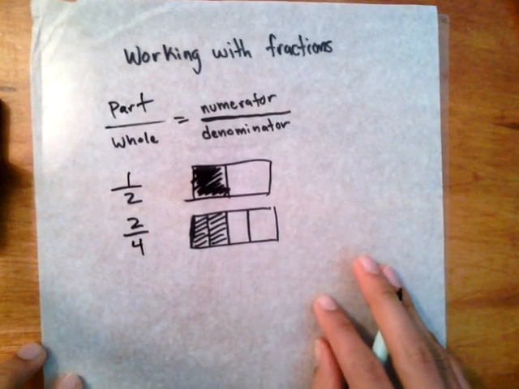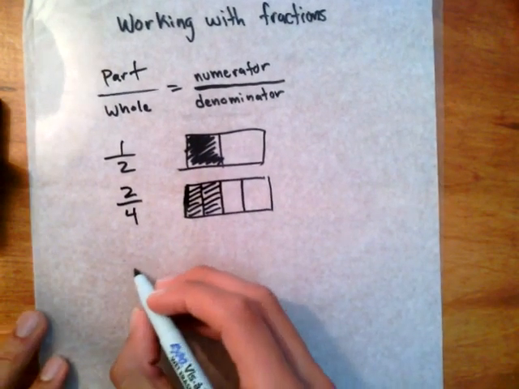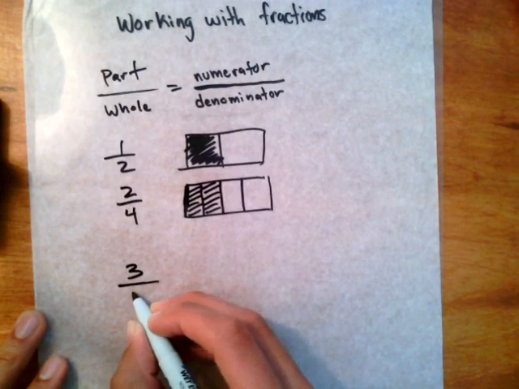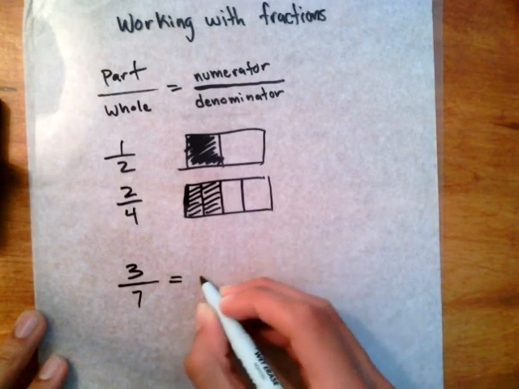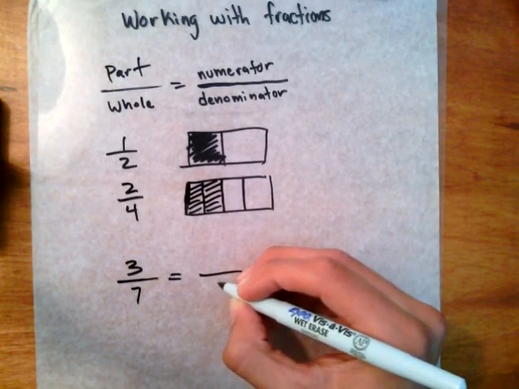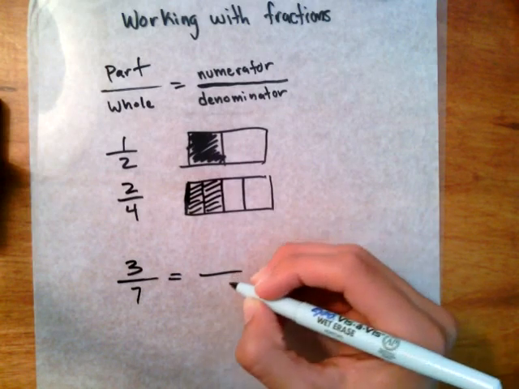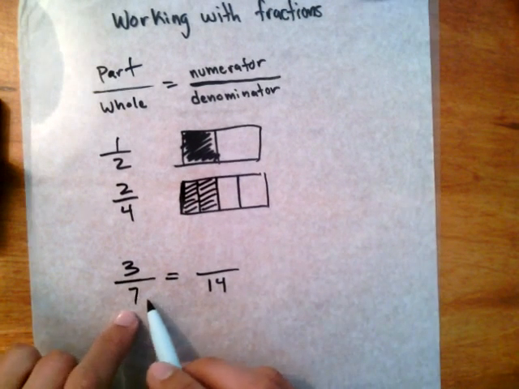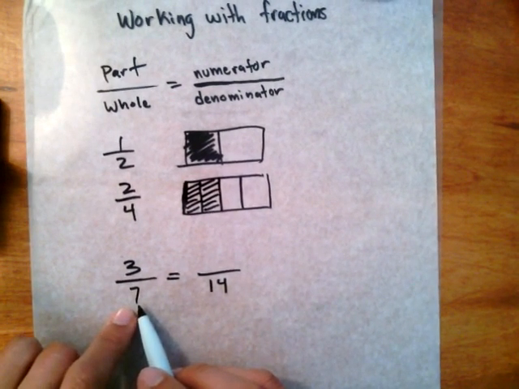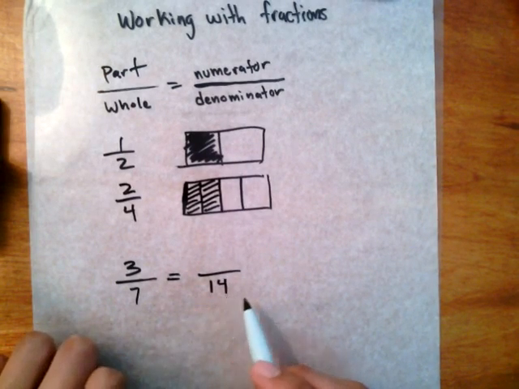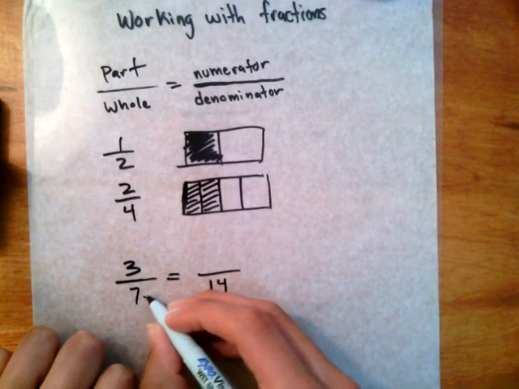So for example, we can look to see what fraction is equivalent to 3/7. And we want a fraction that is equivalent to 3/7, and let's say we want a denominator that has 14 on the bottom. Now, if I wanted to make the denominator on the left look like the value to the right, I would have to multiply the denominator by 2.